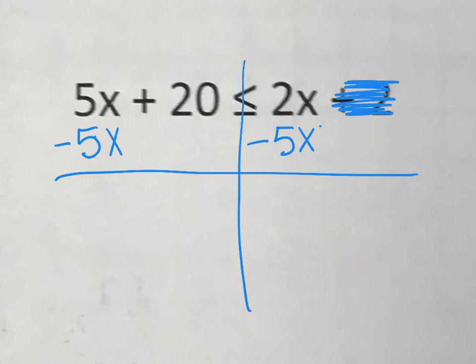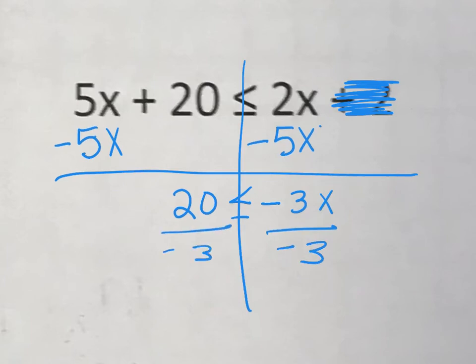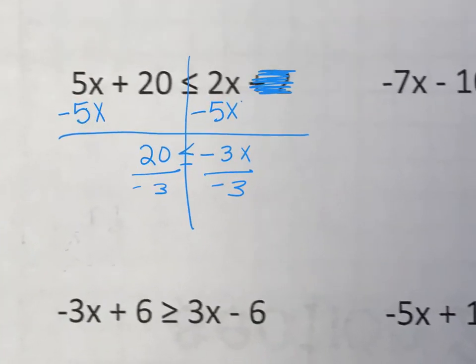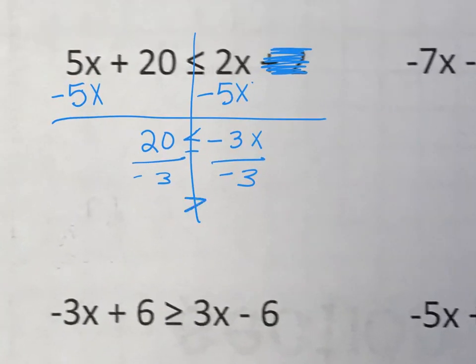So I'm drawing a line, and I got negative 3x is less than or equal to 20. Now I've created a negative here, so I'm going to have to divide by a negative. What happens when I divide by a negative? Remember to flip the sign. So I've got to flip the sign from less than to greater than. We're going to have x is greater than or equal to negative 6 2/3.